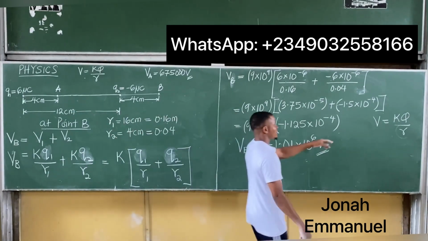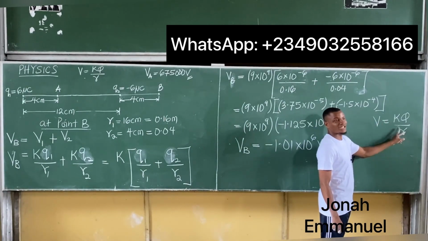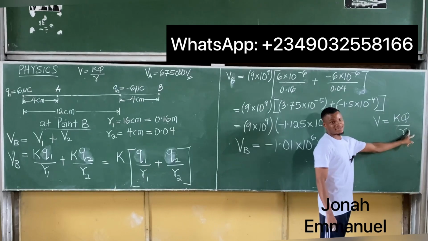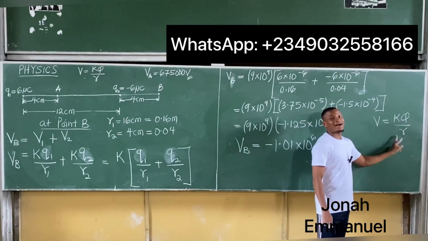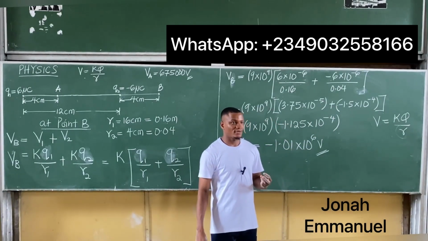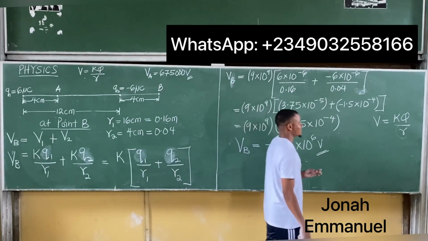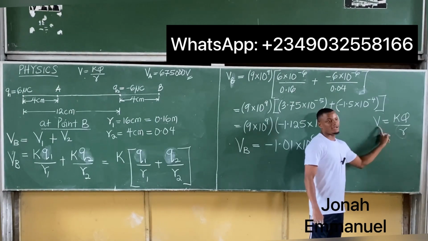This is because electric potential has inverse proportionality with distance. With distance, you can see here, inverse.